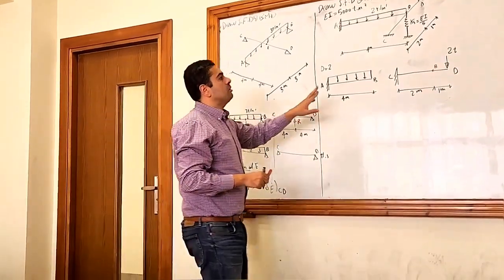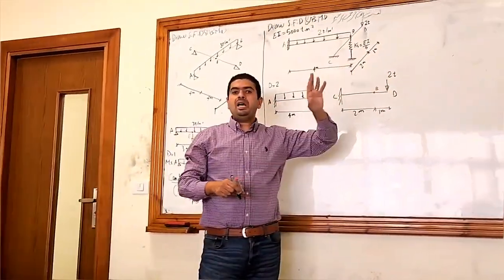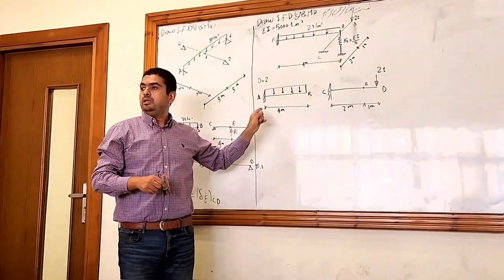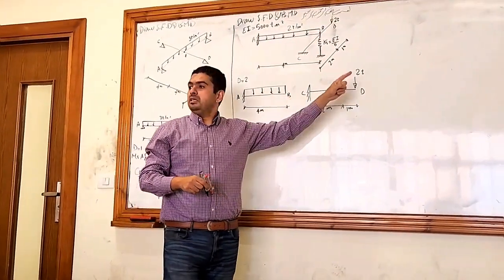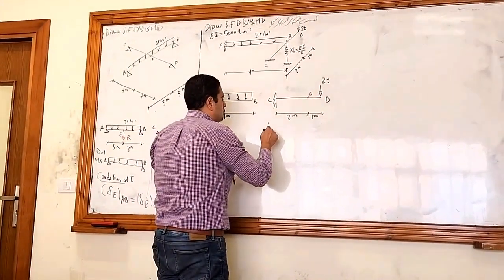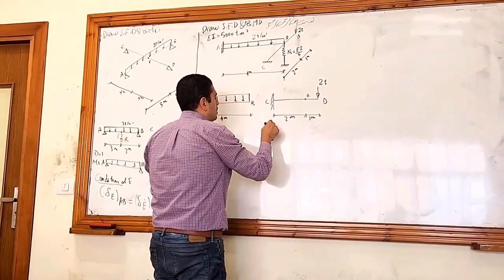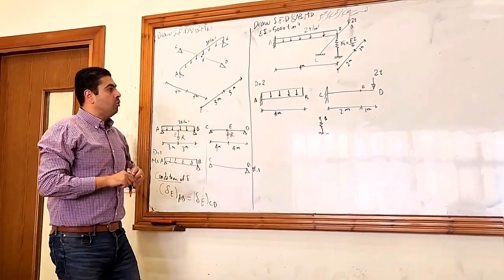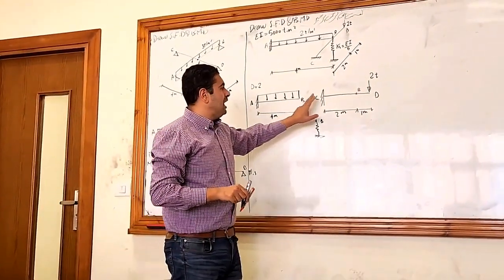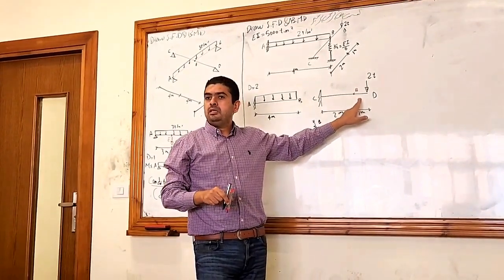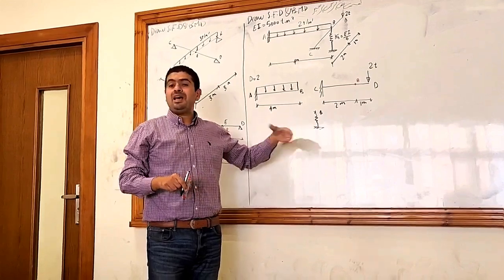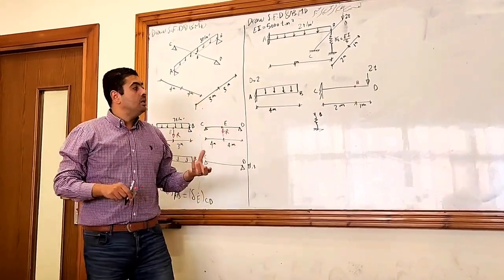Here, how many partners do I have at point B? I have 3 partners: B for AB, B for CD, and a spring at B. Does it make sense to put R and an opposite R on the other side? It doesn't make sense because there are 3 partners now and the spring has a reaction, right?